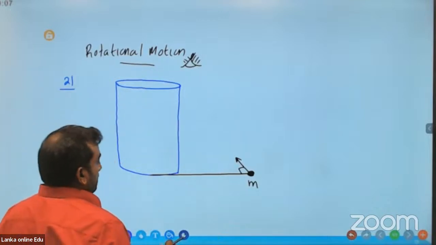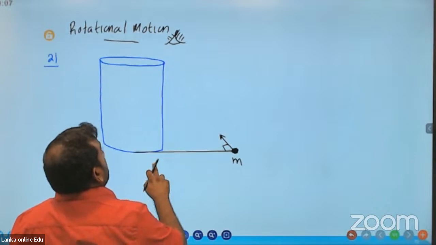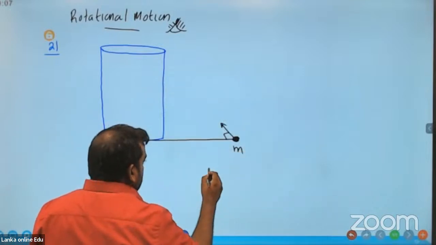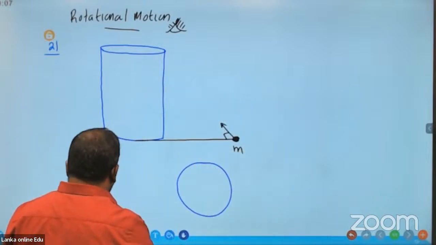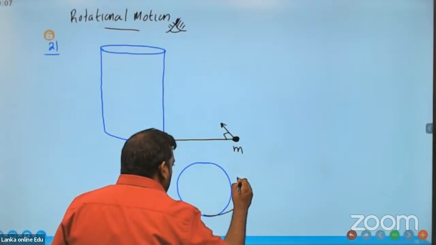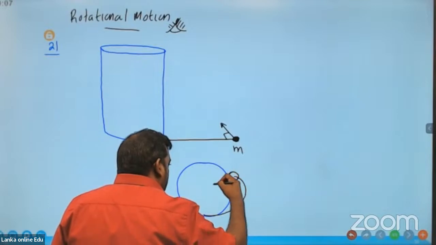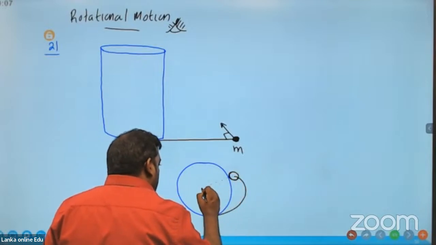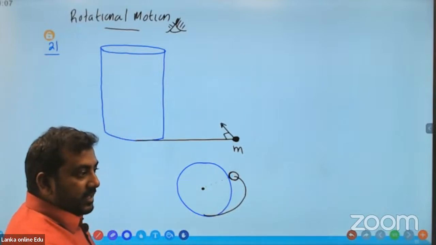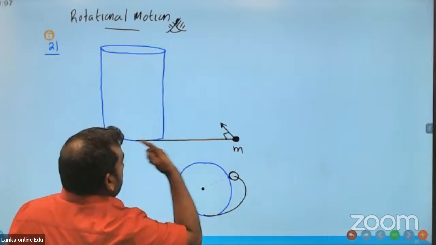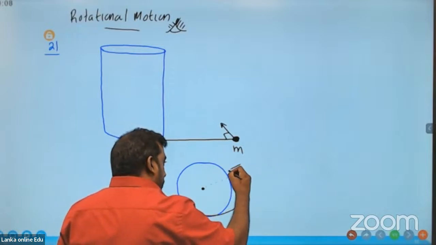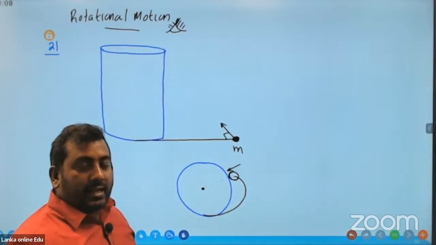So this is how I'll see it. The string will wrap around and collide directed towards the center. So what will happen here is very simple and direct. The object will rotate around and come and knock directed towards the center.